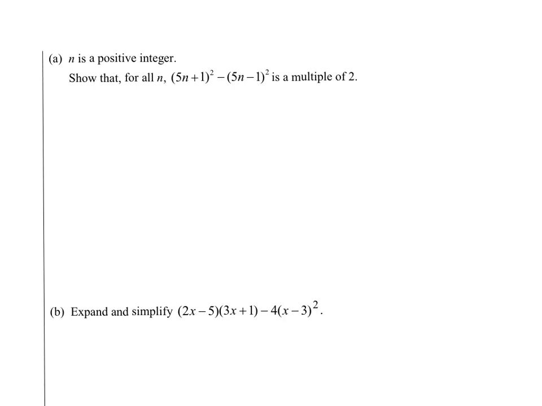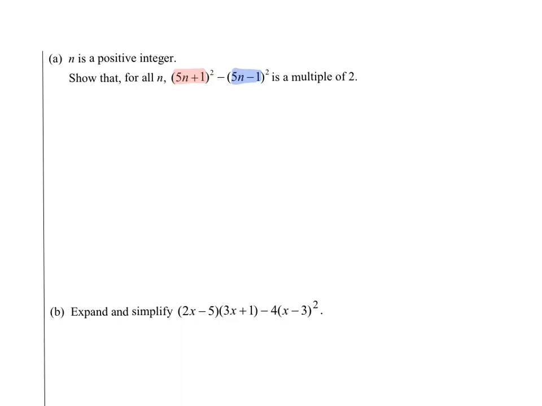Now, question here says n is a positive integer. Show that for all n, this whole thing is a multiple of 2. But what can I do with this? I don't know what to do. So I can actually do an expansion, or if you actually notice, this is given by something squared minus something squared.